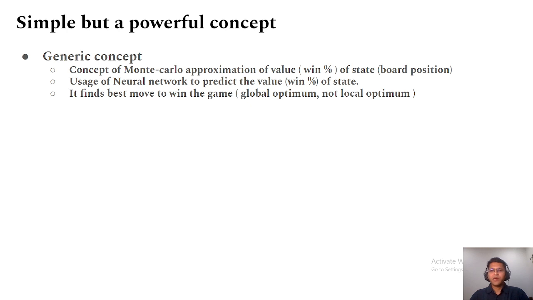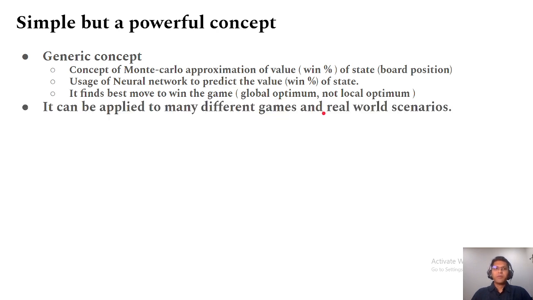Most chess engines or humans can think only a certain number of moves, probably 10 moves into the future, not towards the end of the game. But with this method, you end up calculating the global optimum, not the local optimum.